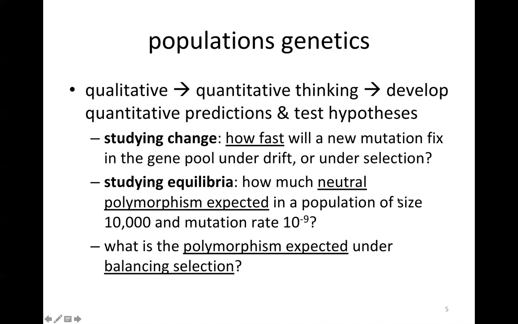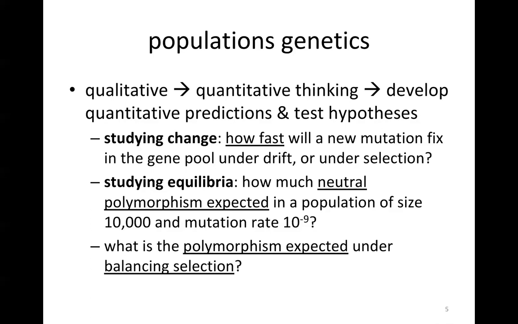So when a population reaches a balance such that neutral variants come in by mutation, and then some of them are lost by drift, on average, through this incoming and outgoing process, how much polymorphism do you expect in a certain population? If the population size is X and mutation rate is Y, what do we expect? We'll learn the answer to this in the next chapter.